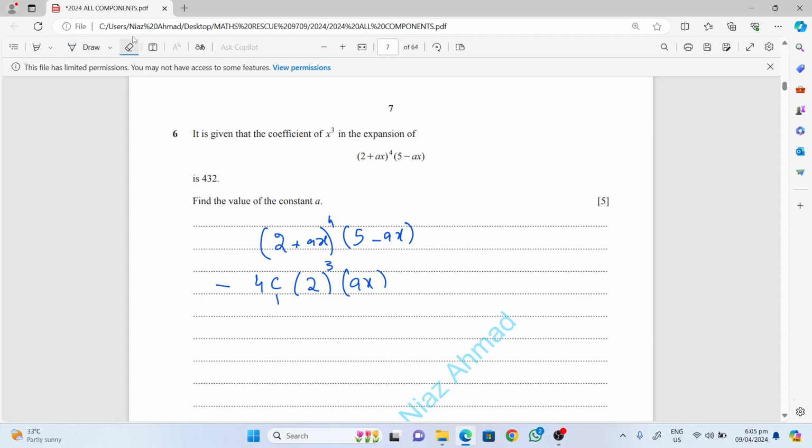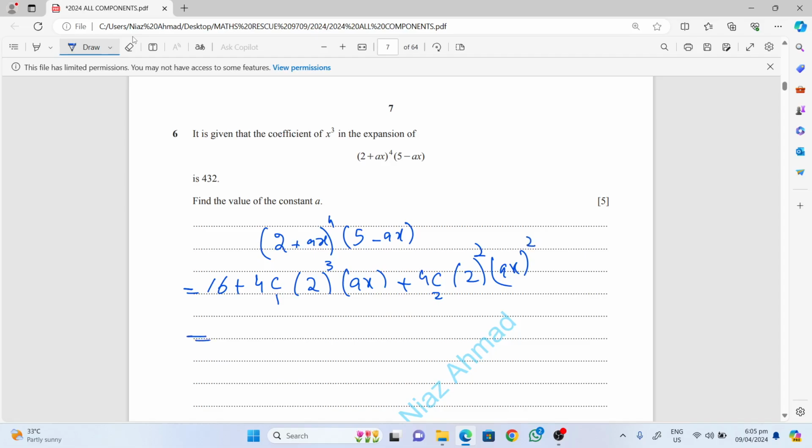So the first term is 16. The second term is 4c1 ax, plus 4c2 into 2 raised to the power 2, and then it's ax, and this is also squared.